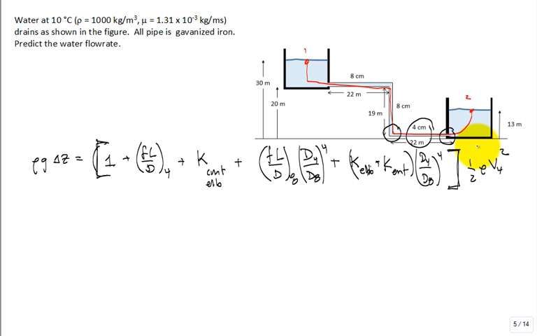The major loss in this term, vertical pipes and the horizontal pipes, are they calculated the same or is there a small difference? So the length of the runs in the 8 centimeter pipe is 22 plus 19 meters. Let's say they have the same length and the same diameter. The major loss will be the same? The friction loss, the major friction loss, doesn't depend on if it's sloped or straight up and down or anywhere. That's right.